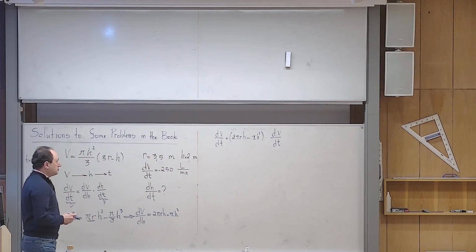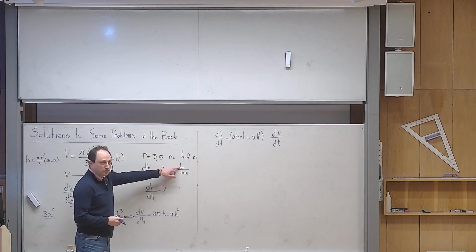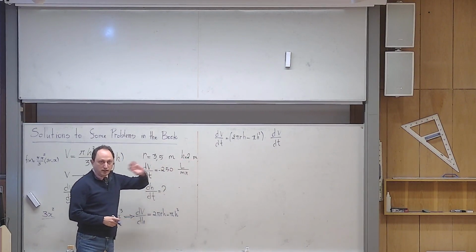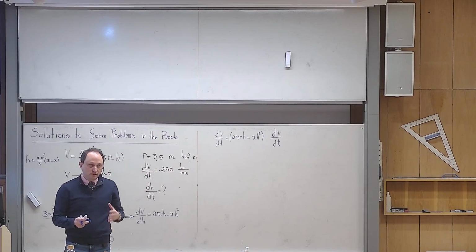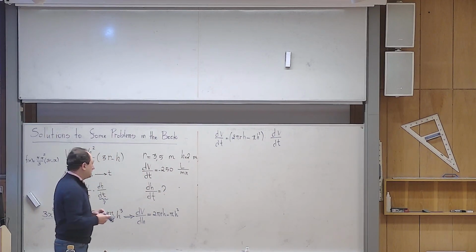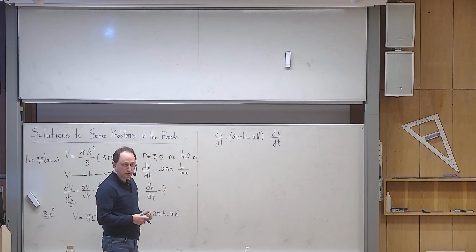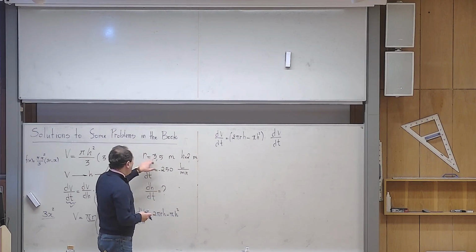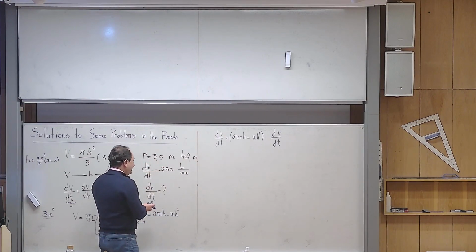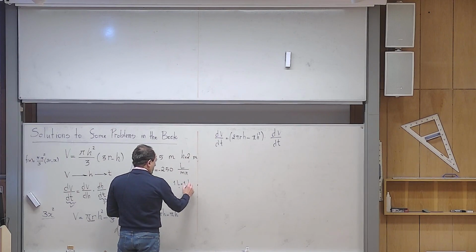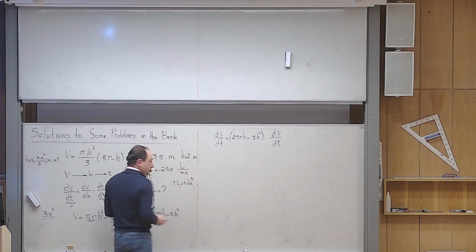But something that you need to be careful about: when you have liters and meters involved, you have to adopt a consistent set of units, okay? Because this is not cubic meter. If it were cubic meter, we wouldn't have any problems. We can just put the numbers in. But here, I need to change, so 1 liter, if I want to express it in cubic meters, it is 1 decimeter cubed, yes?